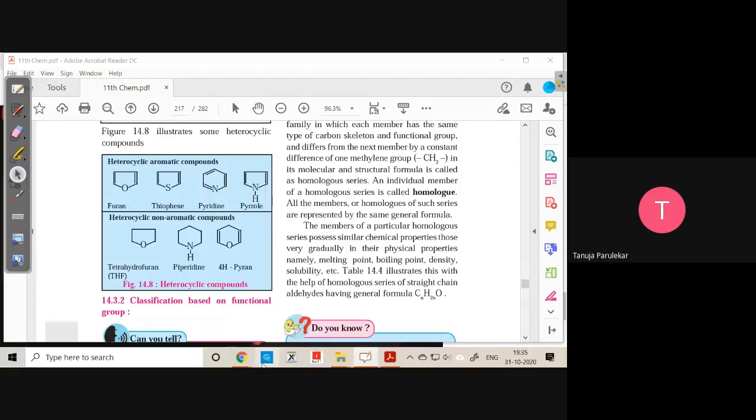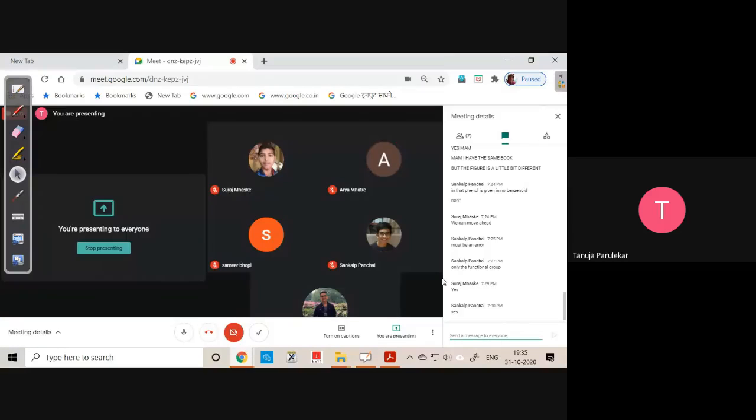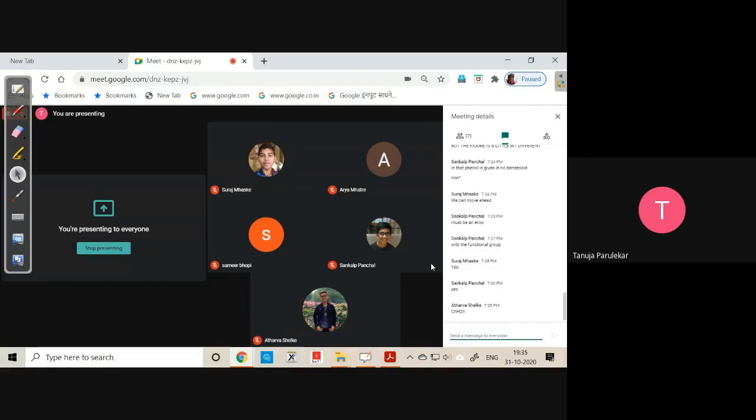Does anybody know how the alkanes are represented? What is the general formula for alkanes? Anybody knows? Alkenes, you have done it, I think. Yeah, CnH2n. For alkanes, is it CnH2n? Say for example, methane.